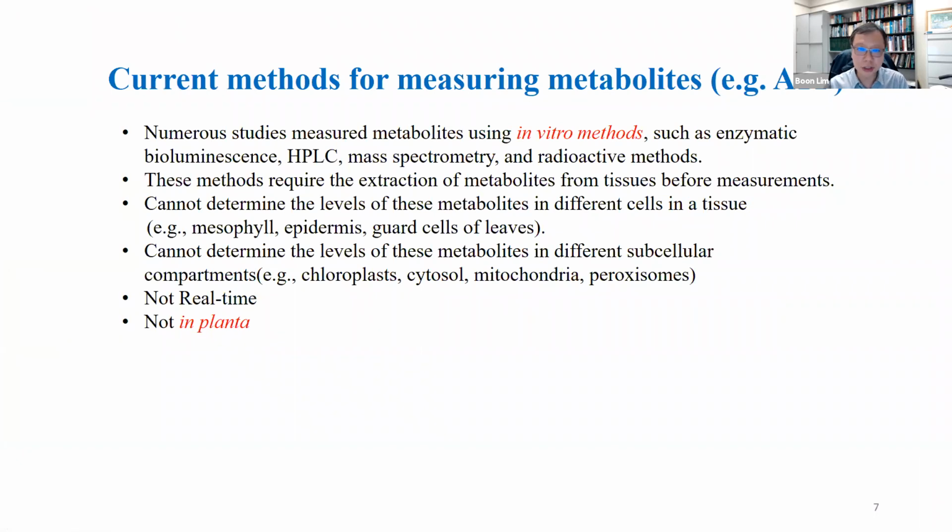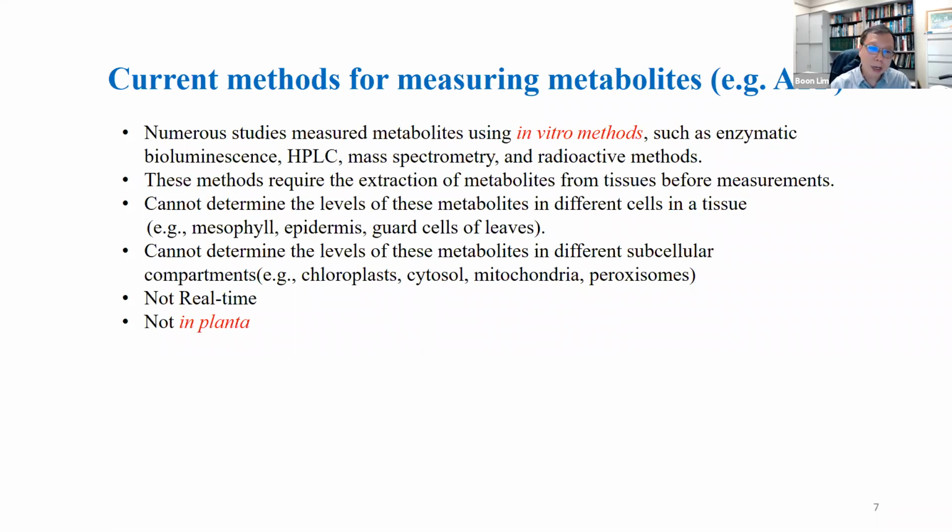If we want to measure some metabolites like ATP, in the past we needed to extract the metabolite from tissues and then measure it by some in vitro methods, such as enzymatic methods, bioluminescence, HPLC, or mass spec. However, these in vitro methods require the extraction of metabolite from tissues before measurement.